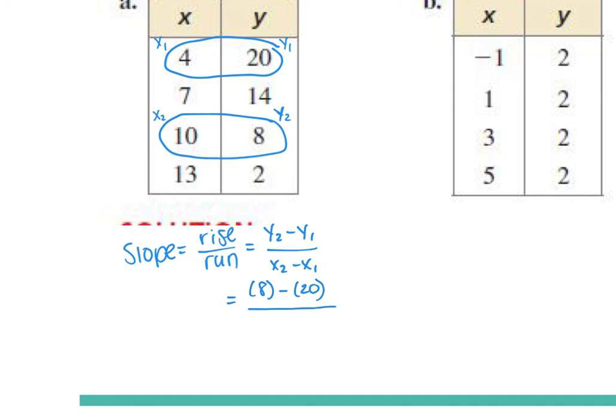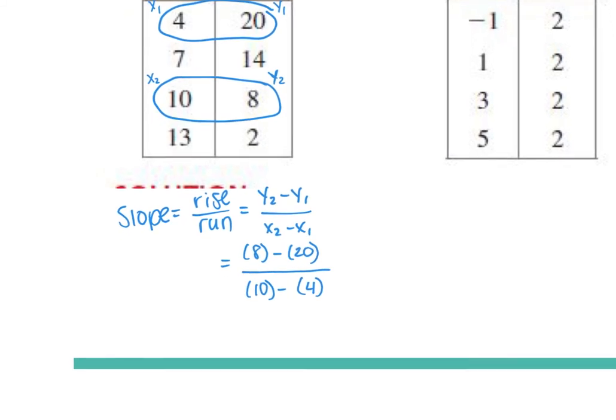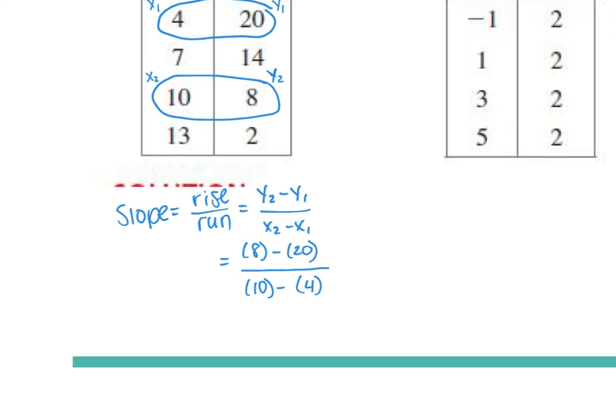I'm just plugging in the values as I see them in the equation. x2, which is 10, minus x1, which is 4. Now I've got 8 minus 20, which should give me what? Nick? Negative 12 over 6. Negative 12 over, good, positive 6.